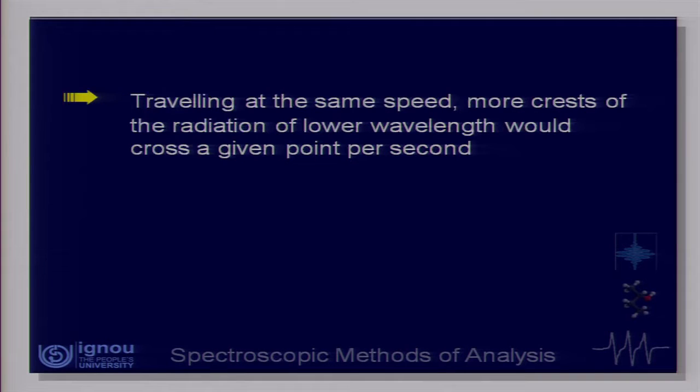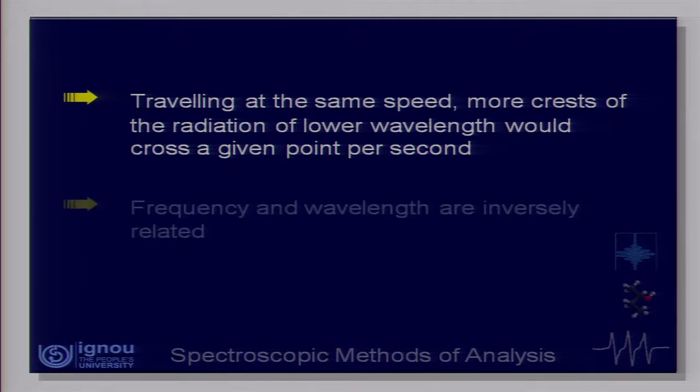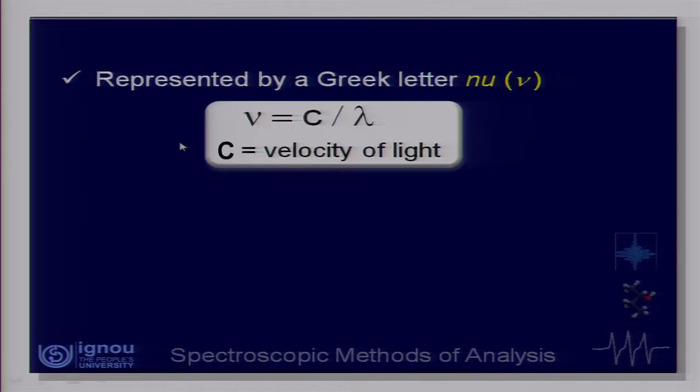Now, essentially it amounts to saying that if I have two waves moving at the same speed, the one with larger wavelength will have fewer waves passing through, and it will have a lesser frequency. In other words, frequency and wavelength are inversely related, and that translates into the following expression: nu, the symbol for frequency, is equal to c by lambda, where c happens to be the velocity of light.